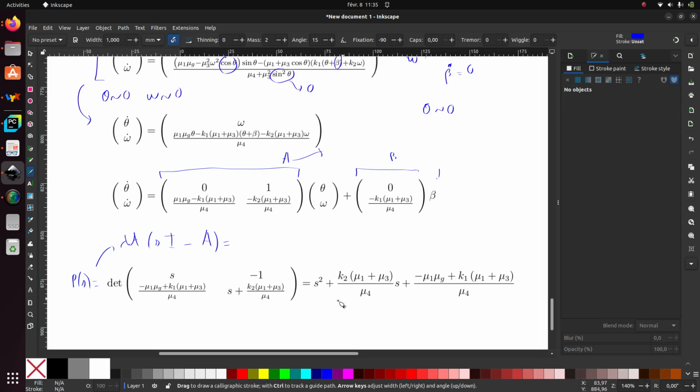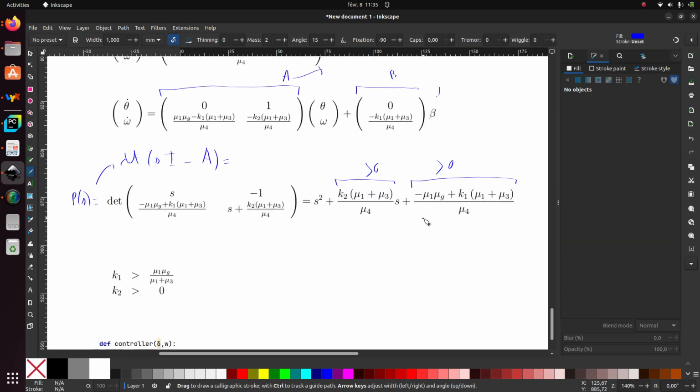I compute the determinant, and the characteristic polynomial becomes this with two coefficients, this coefficient and this coefficient. If I apply the Routh-Hurwitz criterion, I obtain that these two coefficients should be positive, and if I do this, I will have the stability.